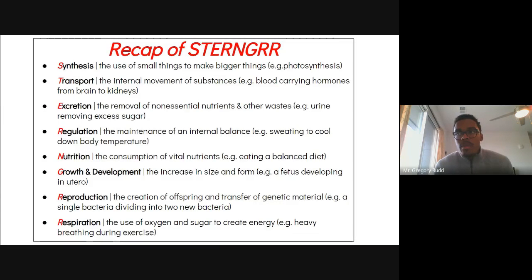So if I were you, I would really use STERNGRR as the foundation of my study guide. In fact, I might take a picture of this screen and give each one of these letters its own page in my notebook, and see how much of this unit, how much of this course I can relate to it.